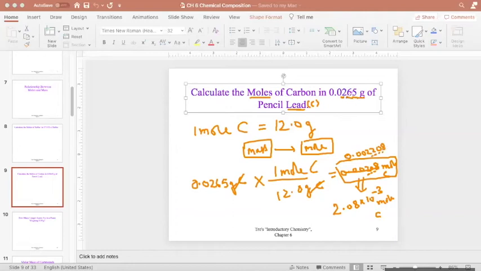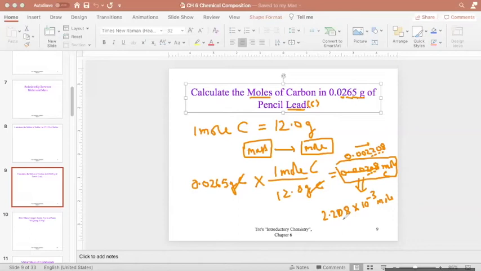and how many do you need? 3. You can convert into scientific notation. Let me write over here. So now let's convert this into scientific notation. So we have 2.208 times 10 to the power negative 3 moles, because we have to move the decimal from left to right.